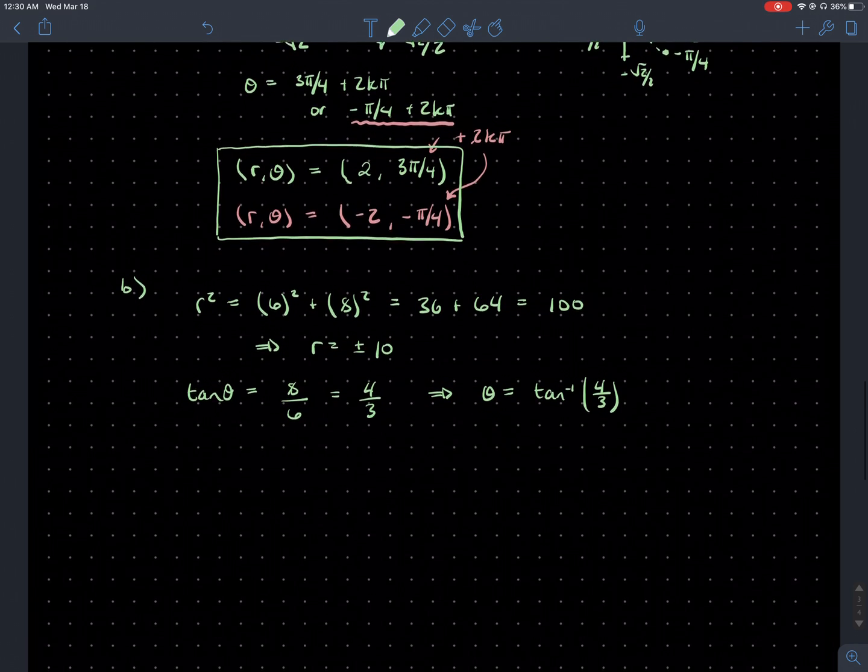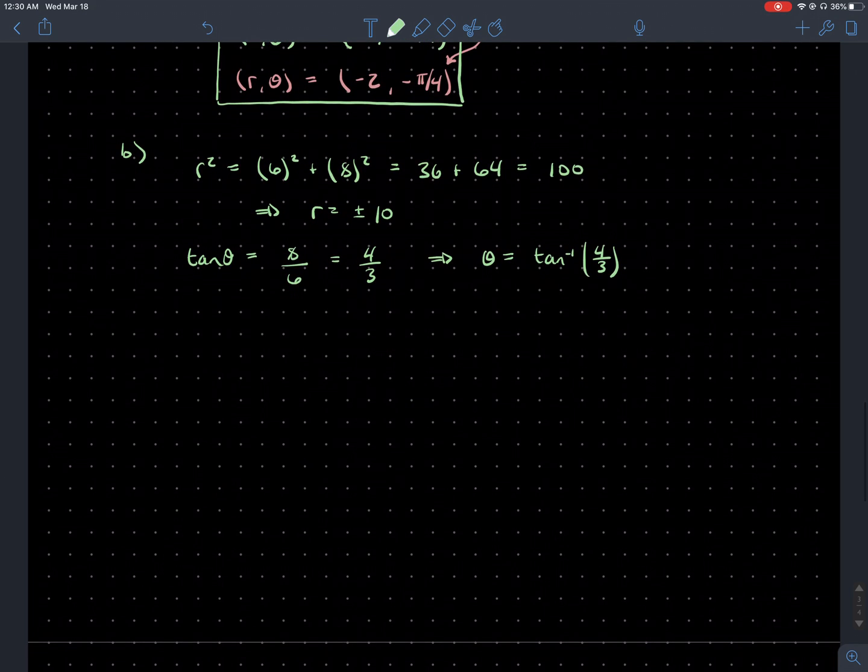So let's continue on with this one and how we can actually perceive this. We know that theta is equal to this tangent inverse plus 2k pi, but now we need to know, where is this lying?